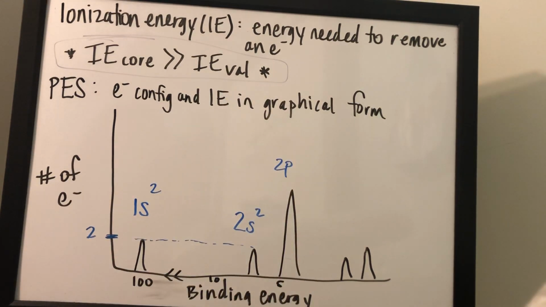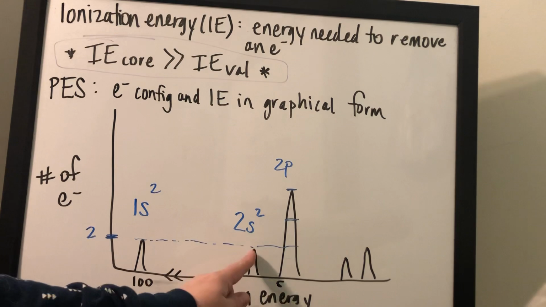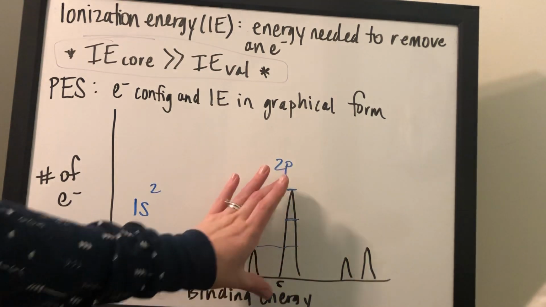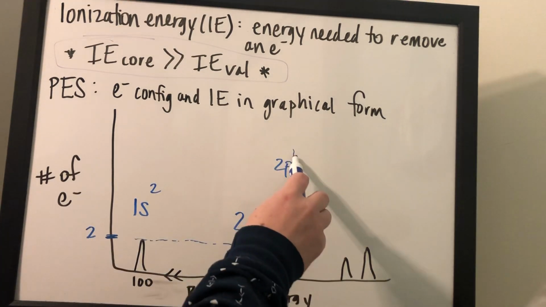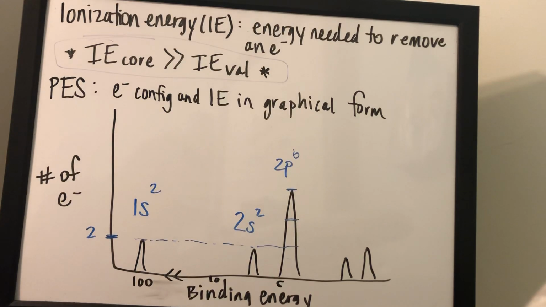Here, sometimes you have to eyeball this, but this is definitely higher than 2, and if you eyeball it, double would be about there, and so it seems to be about triple. So this peak is triple the height of this peak, meaning if this peak represents 2 and this peak is triple, this must be representing 6 electrons, which should make sense because we know the 2p holds 6 electrons.